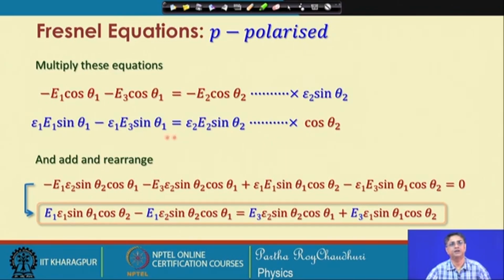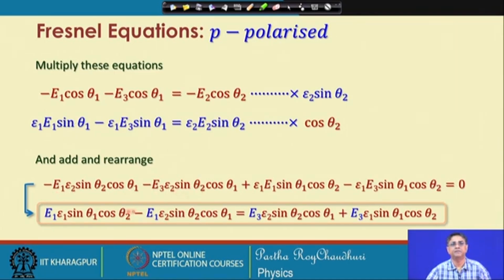Here also you will get epsilon 1 E 2 cosine theta 2 sin theta 1. So, you can add both of them. If you add both of them, then you can see this equation, because they will cancel.